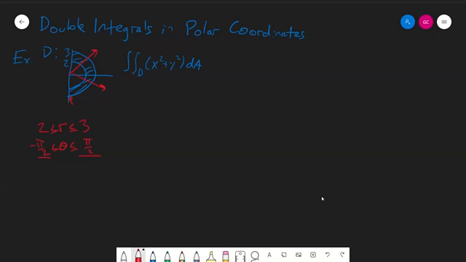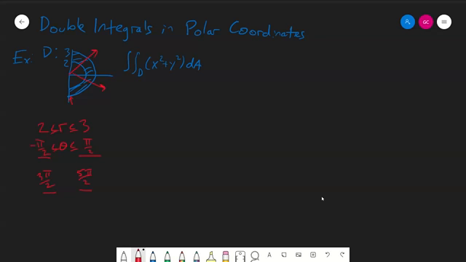Or if you felt like it, you could do 3 pi over 2 to 5 pi over 2. So you can use different representations of these angles, but you just have to do it in such a way where as you go from your lower bound to your upper bound, you traverse exactly once from this bottom angle to the top angle. Okay, well, I'm going to go ahead and stick with negative pi over 2 and pi over 2.